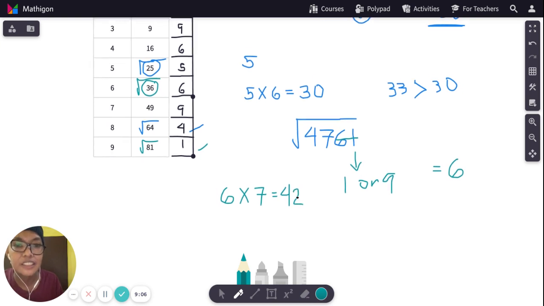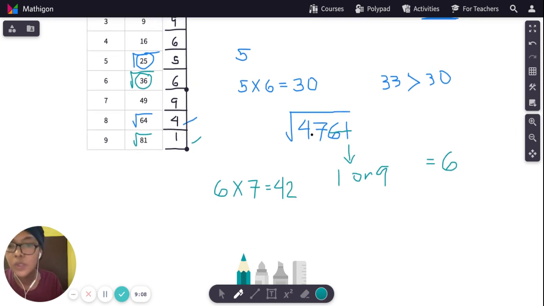So, identify nyo, compare nyo po siya dun sa 42. Okay, tama ba? 6 times 7, 42.